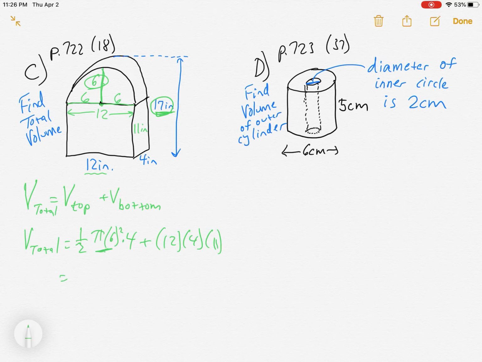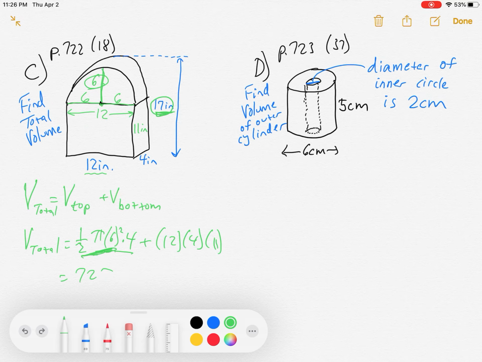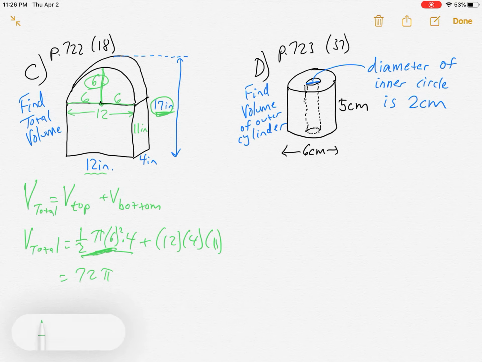So that's what? 36, 18 pi, 72 pi. Plus 12 times 4 times 11.